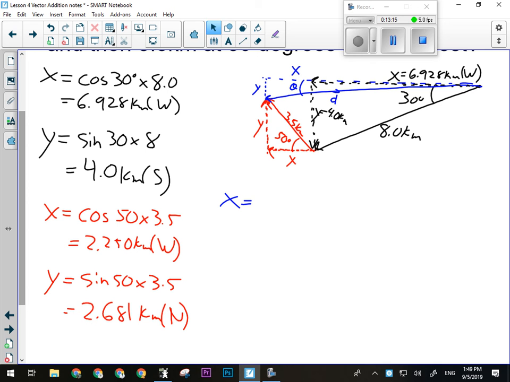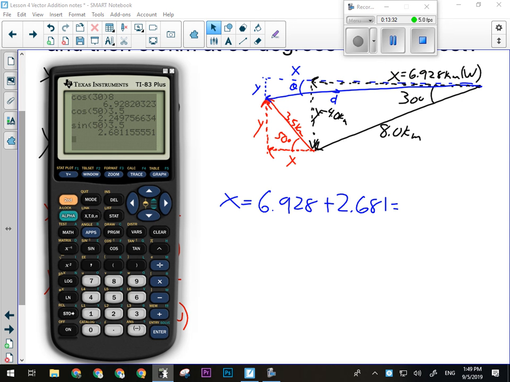So that's what I'm going to do. I'm going to take black x, which was 6.928, and I'm going to add it to red x, which was 2.681. Except I'm going to use all the decimals. I'm not going to round anything off here. So I'm going to have 6.928 20323 plus 2.249 756 634.